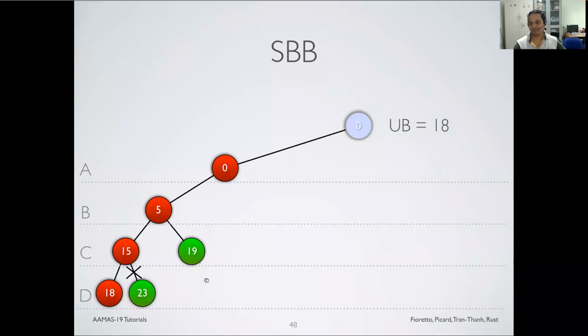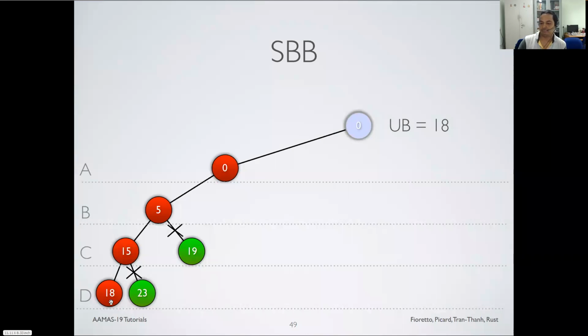Next, we can choose the value of C as green. The associated cost will be 19. So again, 19 is greater than 18.